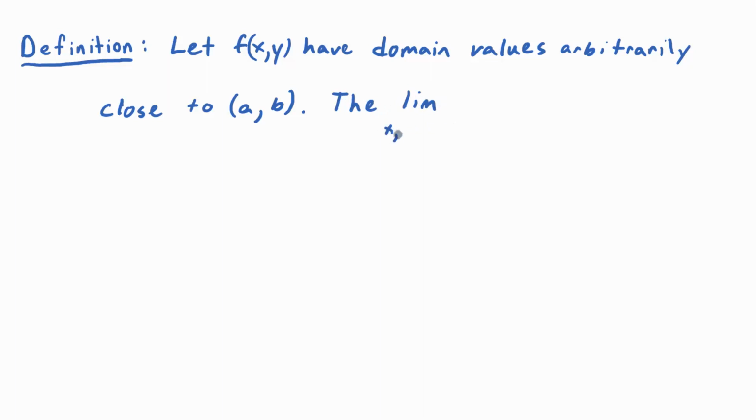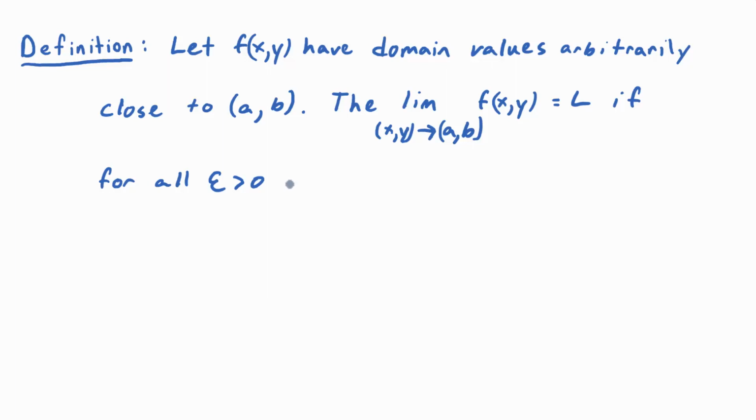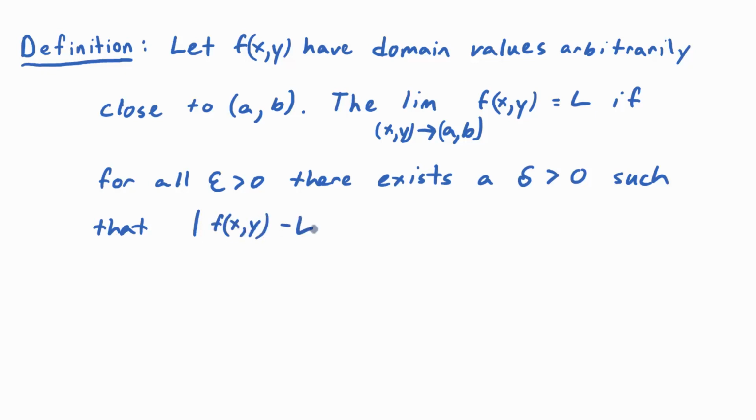The limit as (x, y) approaches (a, b) of f of x, y equals L if for all epsilon greater than 0, there exists a delta greater than 0 such that the distance between f of x, y and L is less than epsilon whenever the distance between (x, y) and (a, b) is less than delta but bigger than 0. The way we have to write that is like this.